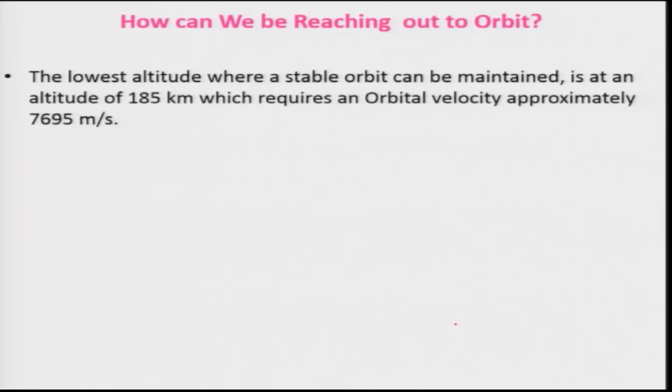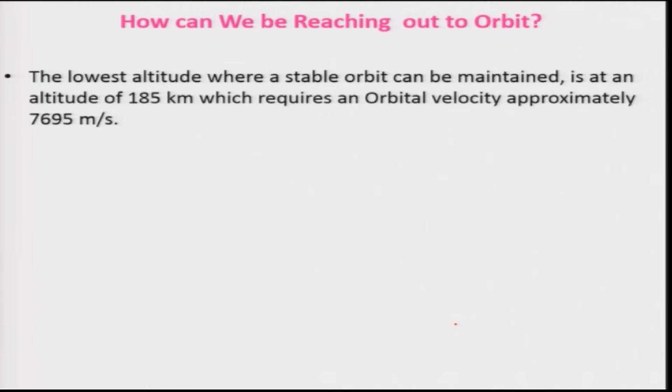We are discussing that, and as we have learned, the lowest altitude from the earth where a stable orbit can be maintained is an altitude of 185 kilometer, which requires an orbital velocity of approximately 7695 meter per second. That means it is around 7.7 kilometer per second.